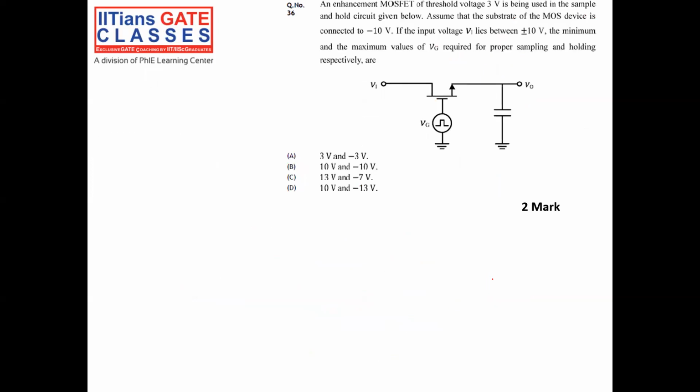So the next question is an enhancement MOSFET having a threshold voltage of 3 volt. That means VTH is equal to 3 volt. It is being used in the sample and hold circuit given below.